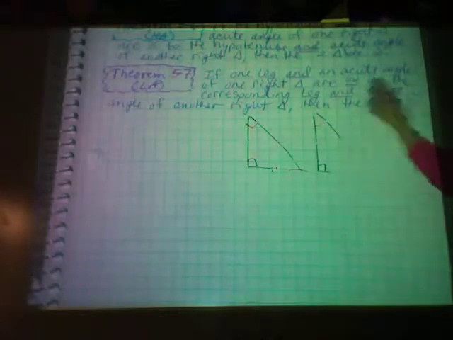Last one. There were 4 in chapter 4, there's 4 in chapter 5. All right, the fourth one. Now ponder the fourth one for a minute. Which one have we not had from chapter 4 yet? Nope, we had SAS.